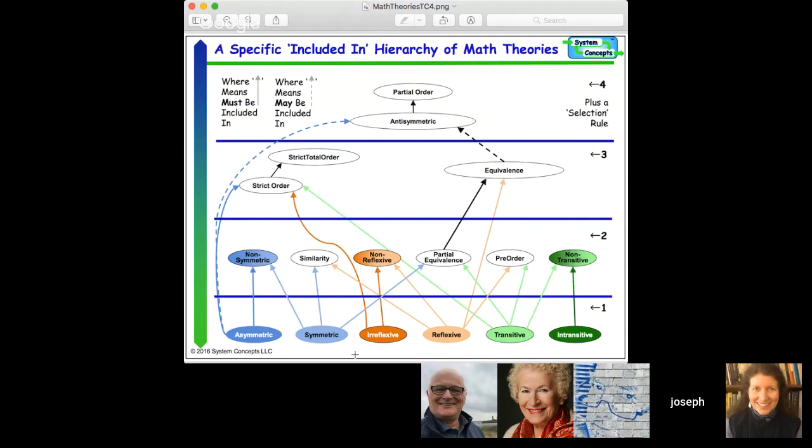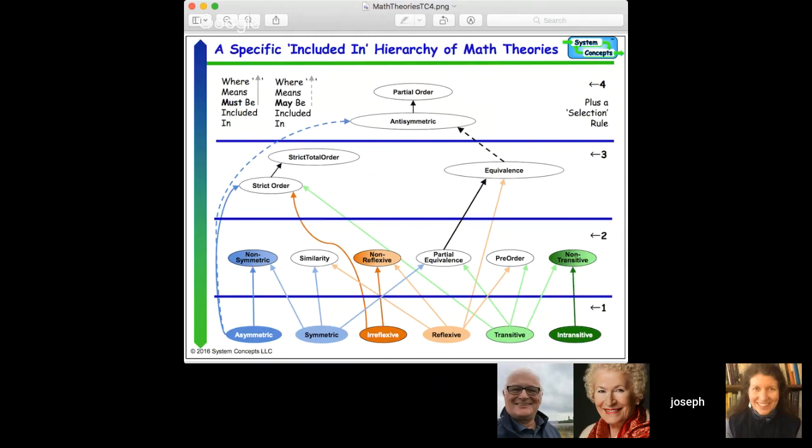If it didn't hold for any of the pairs, then one could say the whole relation was non-whatever, because all of your cases would show that it didn't hold. Or if it held for all of them, then you would say yes, the property holds. If it holds for some and not for others, there are a couple of ways one could get into that situation, but I assume that's what non-symmetric and non-reflexive mean: that for some of the pairs it holds and for some it doesn't.